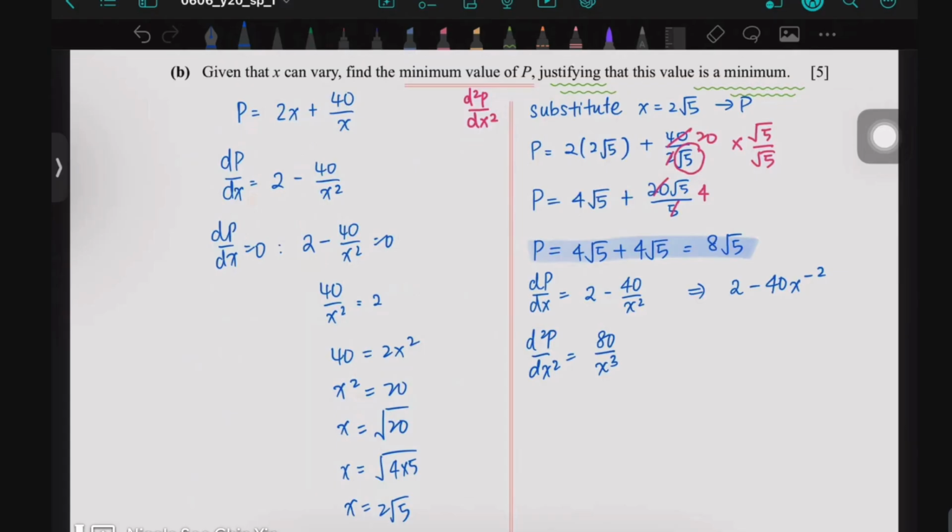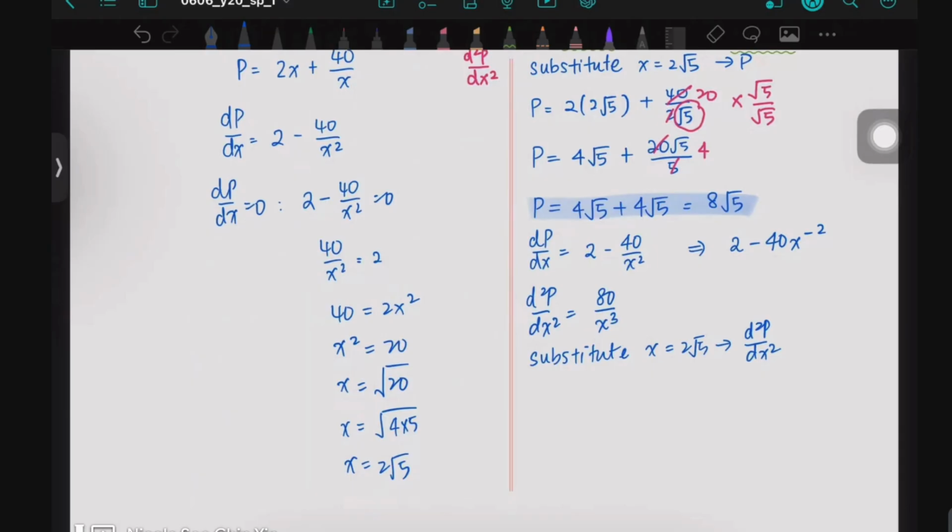Once we are done with this part, you substitute your x equals 2 root 5 into the second derivative. So your d2p over dx squared equals 80 over 2 root 5 cubed.